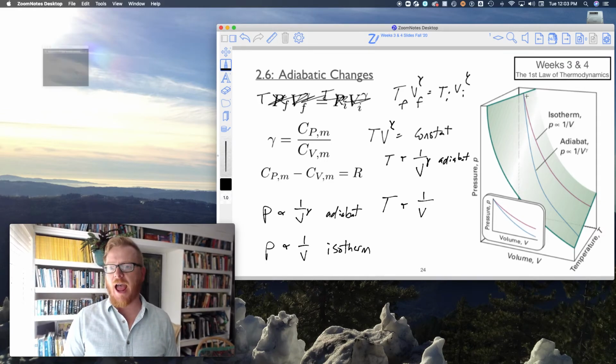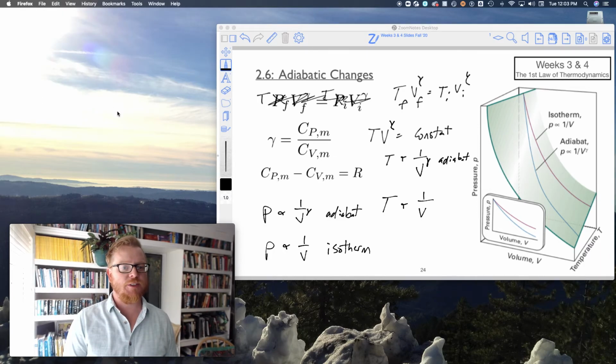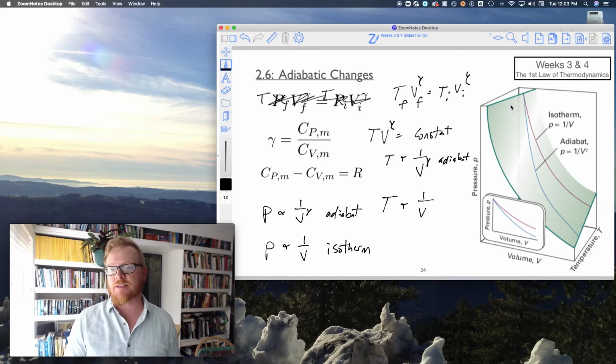So now what we can see on this three-dimensional scale here, just playing around with these adiabats and isotherms. So the isotherm is going at constant temperature, right? So you notice on this three-dimensional curve, any one of these slices could be an isotherm, okay?